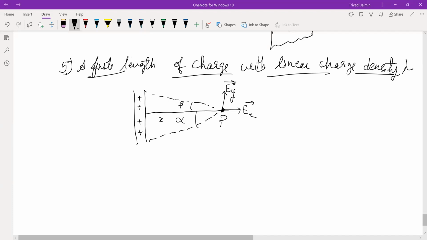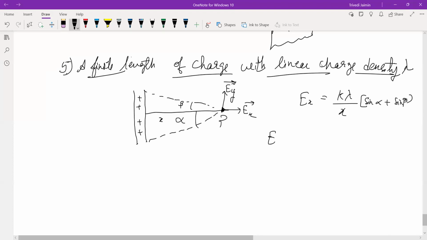In this direction, Ex equals K lambda by x into sine alpha plus sine beta for the x direction, right? And for y it will be opposite, one direction up, one direction down.